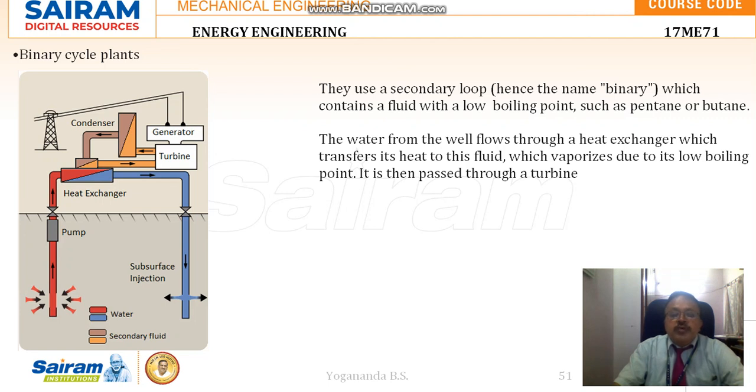The water from the well flows through the heat exchanger, which transfers its heat to this fluid, pentane or butane. It's vaporized due to its low boiling point, then passed through the turbine. That turbine in turn is connected to the generator, which generates electricity.